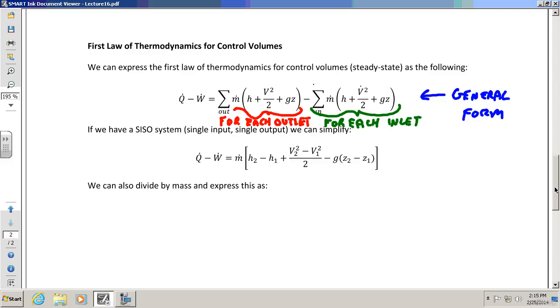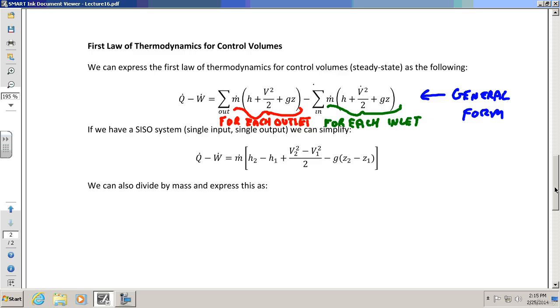Okay? So each outlet has its own mass flow rate.